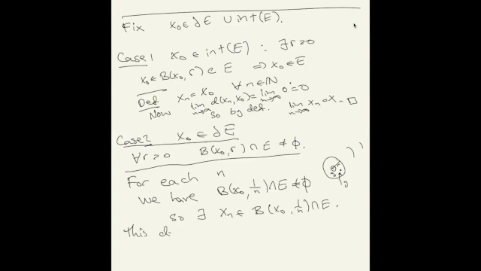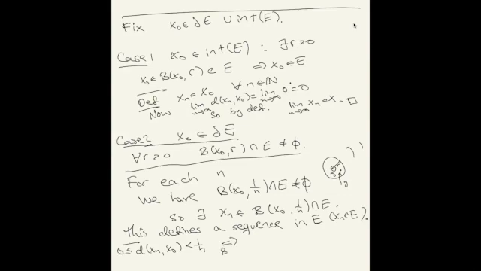This defines a sequence in E. So xn is in E because it's always chosen to be in there. You can make these choices. This technically uses the axiom of choice, but since we're not doing set theory, we will not highlight that. You can make infinitely many choices in this class. So this defines a sequence in E, but now, the distance from xn to x0 is always less than 1/n, and it's bigger than or equal to 0.